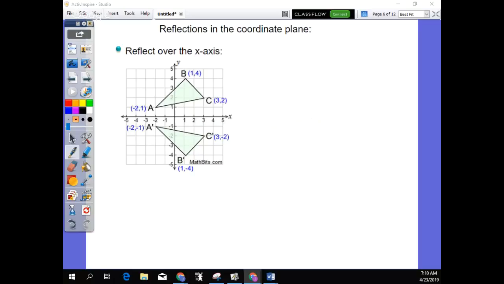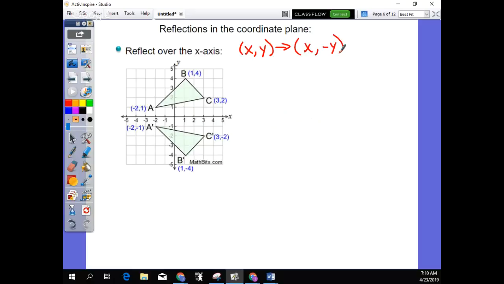We know that for reflections over the x-axis, the coordinate rule is (x, y) becomes, you notice here, same x, opposite y. So x comma negative y.